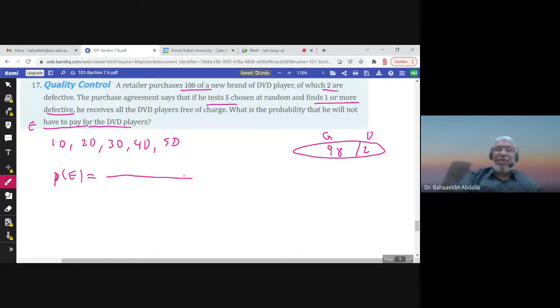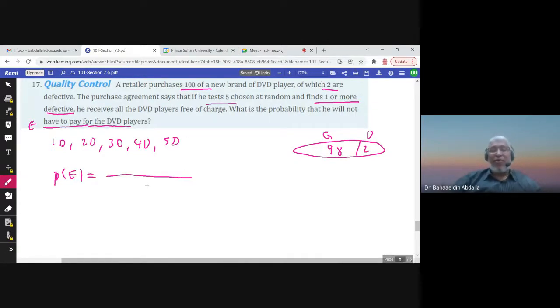Well, what is the sample space? He is selecting 5 out of 100. So 100C5. But now he will get the DVDs free of charge if he finds one or more defectives. So the probability of one or more defectives is equal to 1 minus probability of 0 defectives. Because the only possible thing left is 0 defectives.